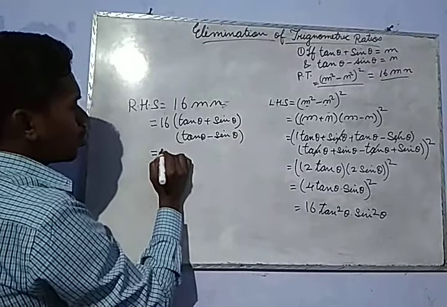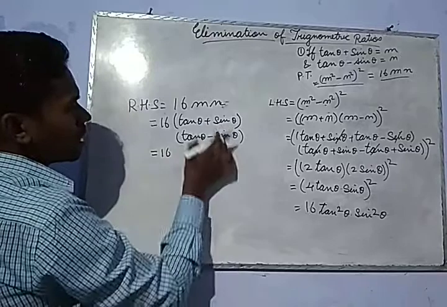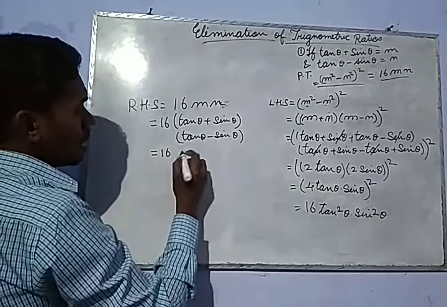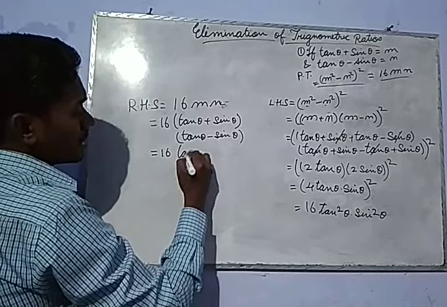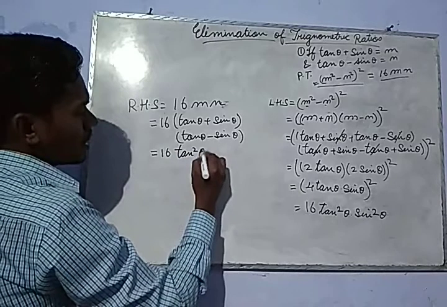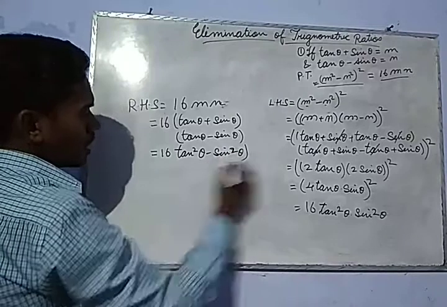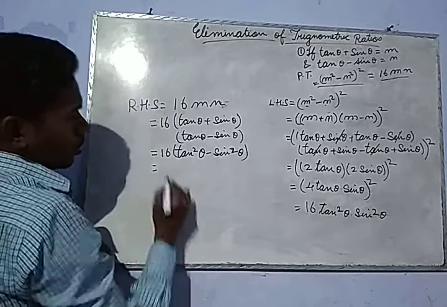On solving it, you see that these two terms are in the form of a plus b multiplied by a minus b, so it will be tan square theta minus sin square theta in brackets.